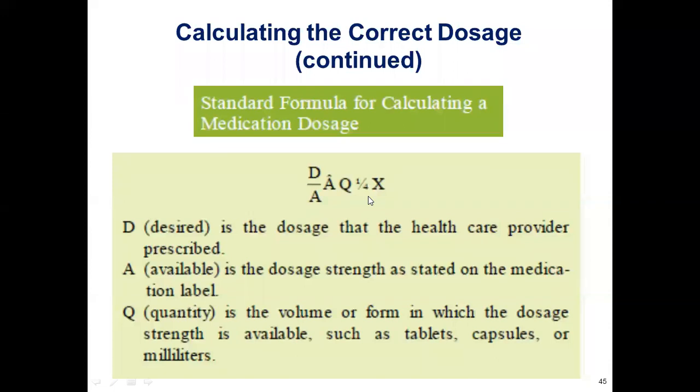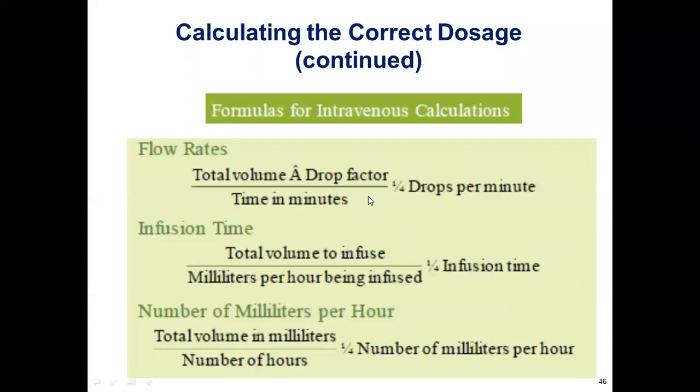And now, next, the formulas for intravenous calculation. Formula for IV, intravenous. We call it flow rate, FR. Flow rate equals total volume times drop factor divided by time in minutes, giving drops per minute.